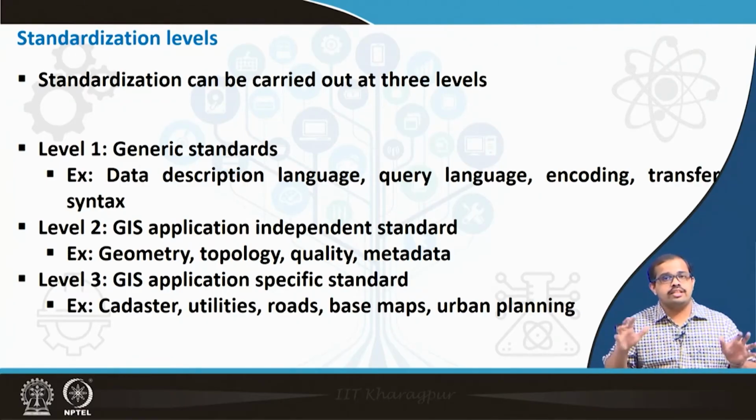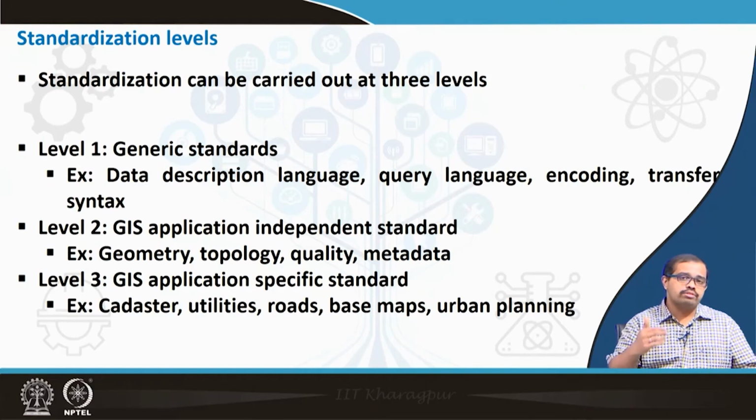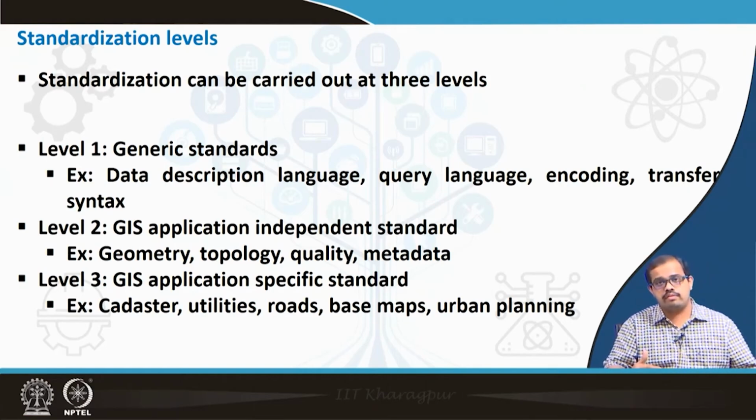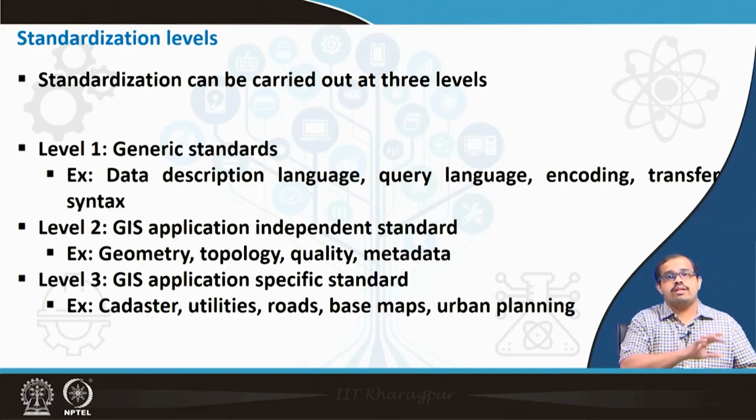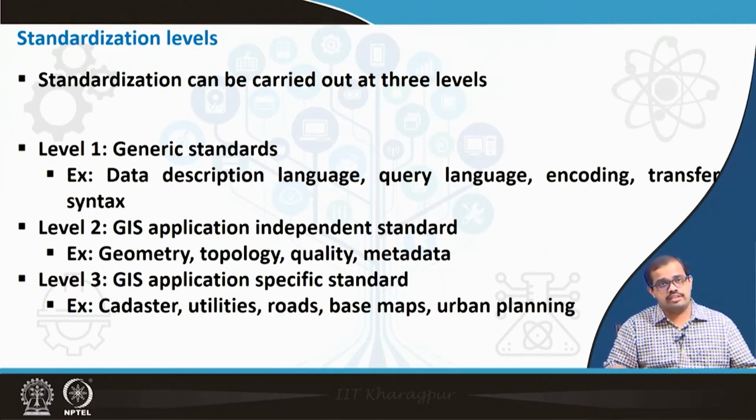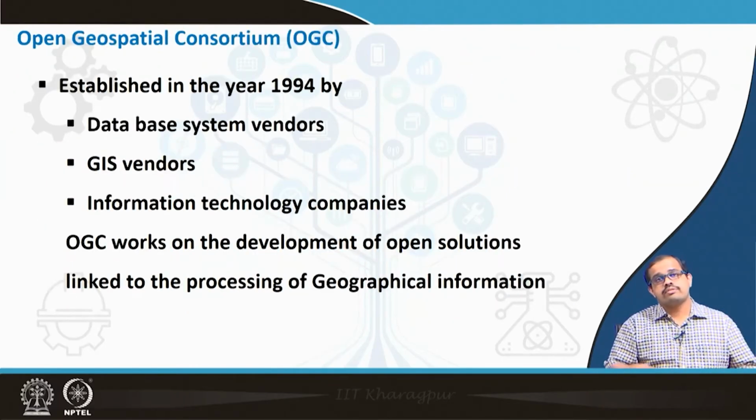Each of these applications has its own way of looking at the data. If you understand how you choose the scale of collecting data and the application of the data, then you would be able to easily interpret level 3, where the GIS application specific standardization is necessary.